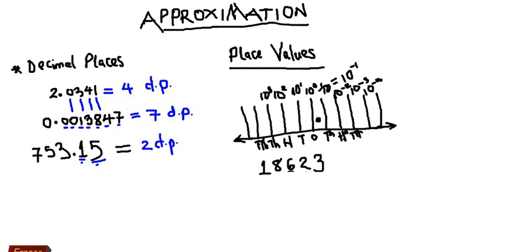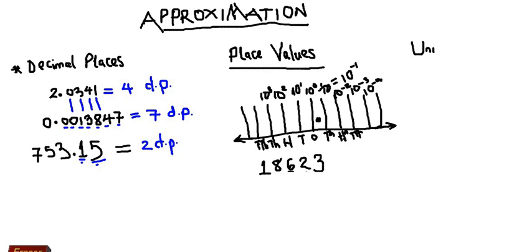So, like we have said, we can round off with respect to decimal places or with respect to place values. We haven't started the actual process of rounding off yet. We want to understand what we mean by decimal places, what we mean by significant figures, what we mean by place values, and then lastly what we mean by units of measurement.